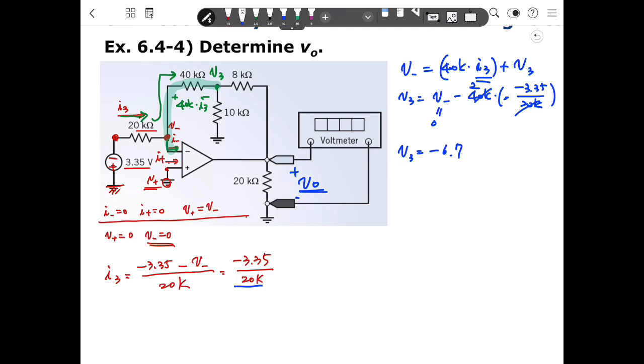Oh, actually, no, this is not here, so it is plus 6.7. V3 is 6.7.